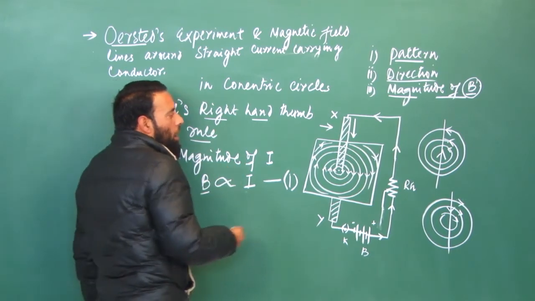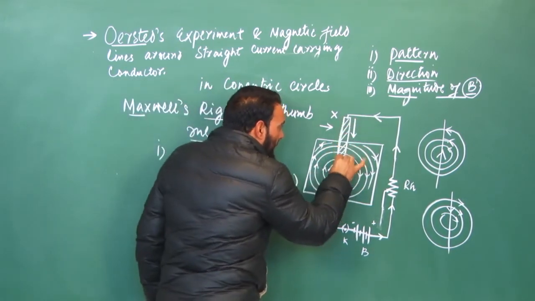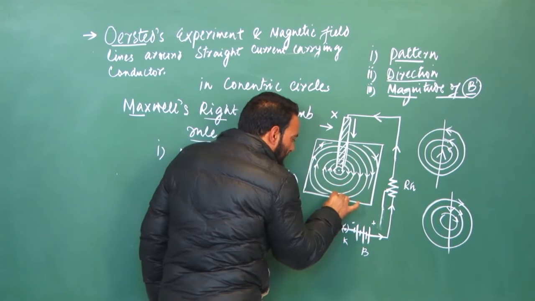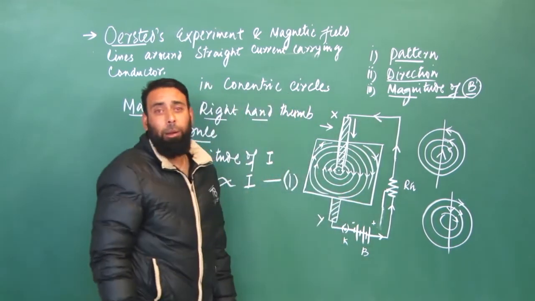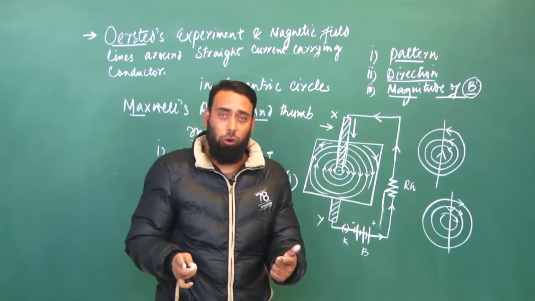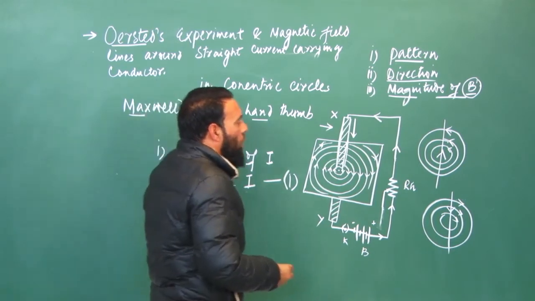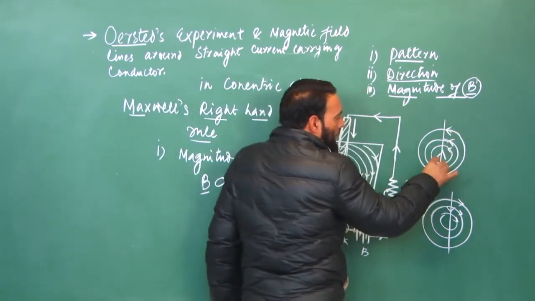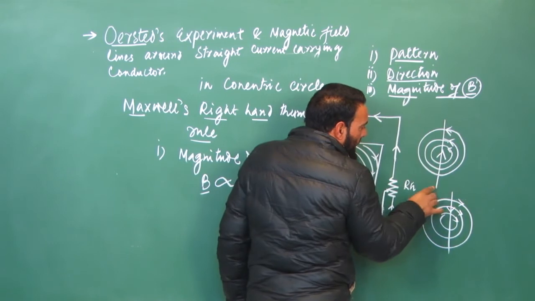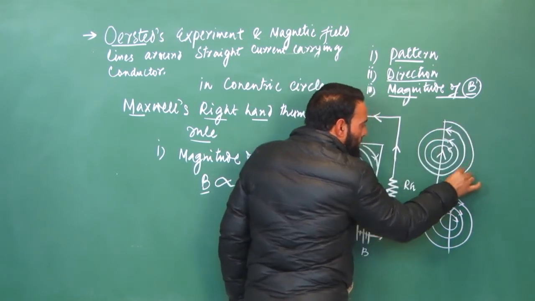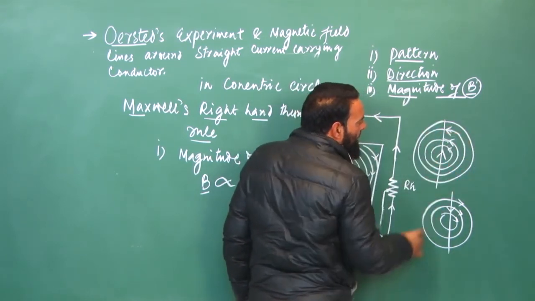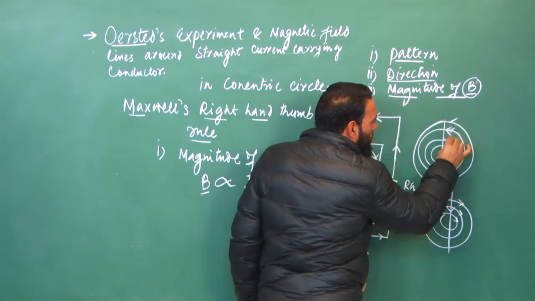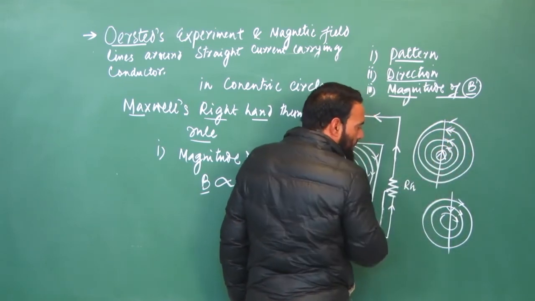Now second, see the length of this conductor. The length of the conductor also determines the magnetic field strength. For example, if we take this conductor, the magnetic lines of force are 1, 2, 3, 4 and 5.